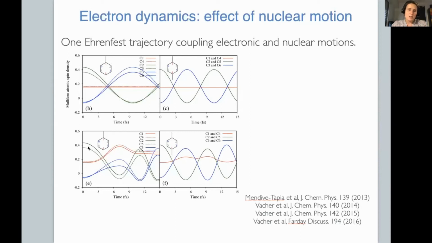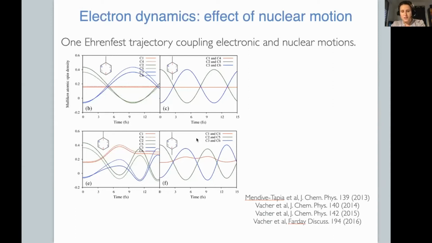And what you see is that in toluene, after 3-4 femtoseconds, you start to see a difference between these two plots in both the nature and the time scale of the oscillations. While in paraxylene, it gets a bit faster here. Here we go back to 0, while here we are at the minimum of the oscillations. But the effect is much less important in paraxylene.